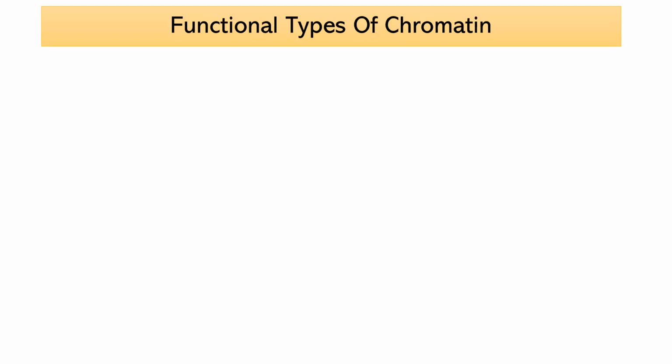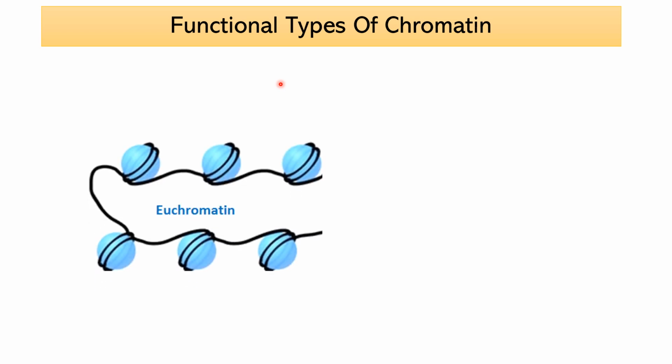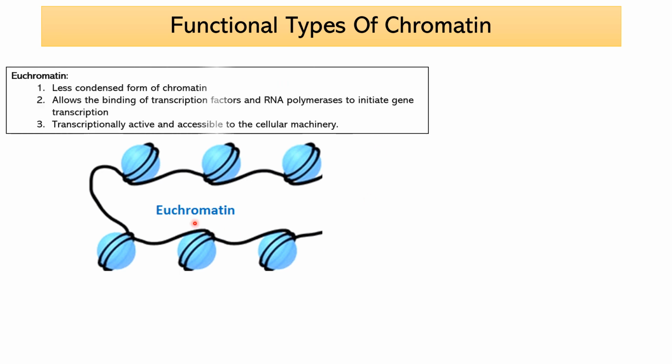So, so far we have distinguished and classified chromatin based on their folding and compression states. However, we can also classify chromatin based on their function. The first type of chromatin based on function is called euchromatin. The main characteristic of euchromatin is that it is a less condensed form of chromatin.